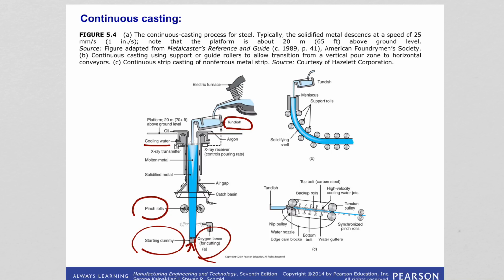Okay, so it is cut by torch cutting, and there is also the option that it might be directly fed into a rolling mill for further processing, for further shaping, such as to obtain shapes like channels and I-beams.